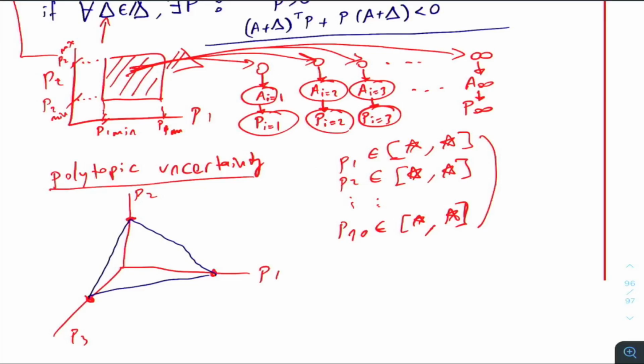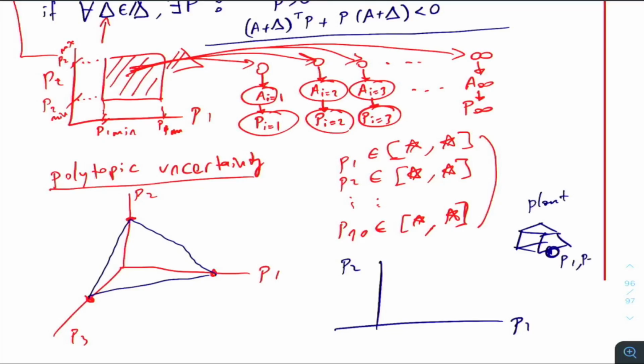For example, you have some object that you control, a plant, and the plant has P1 and P2 parameters. And you produce that plant. Let's say, call it an electric motor.